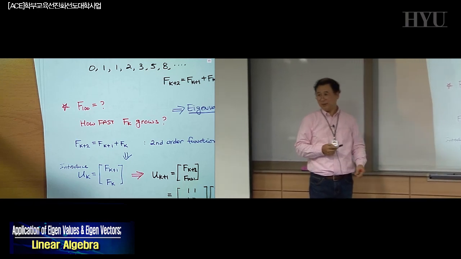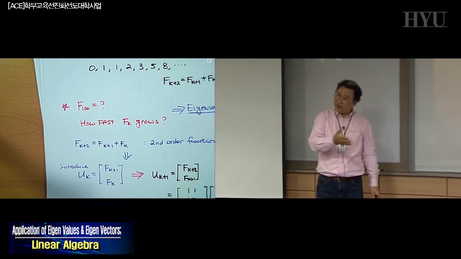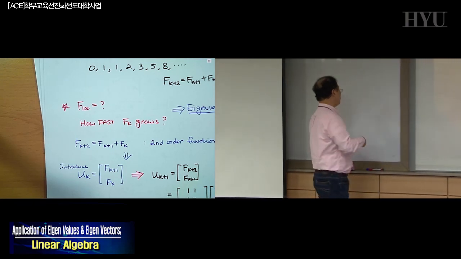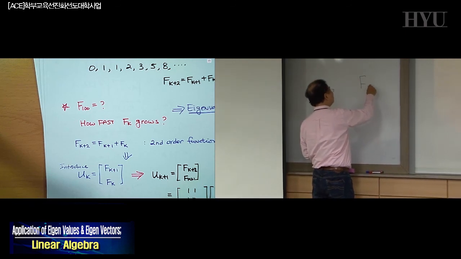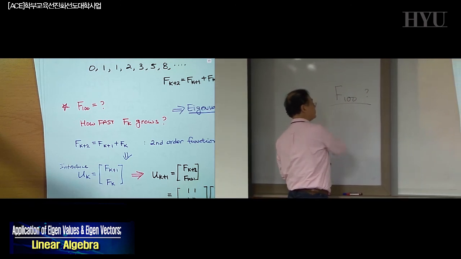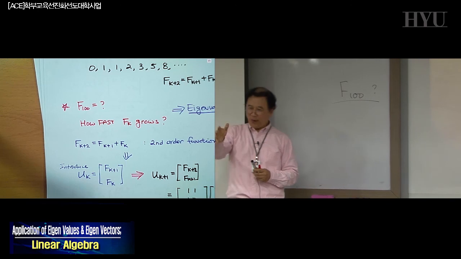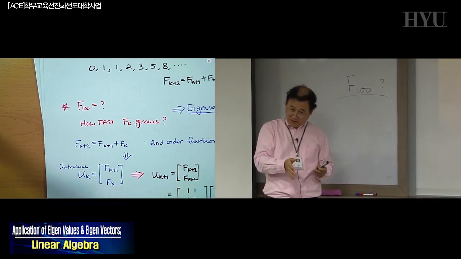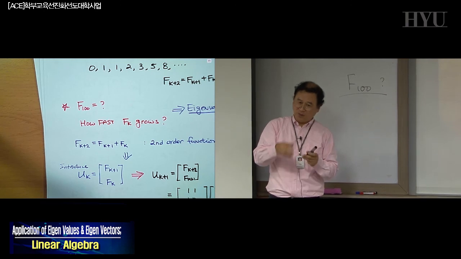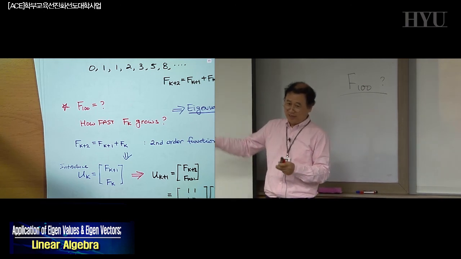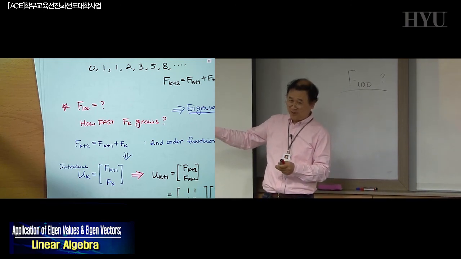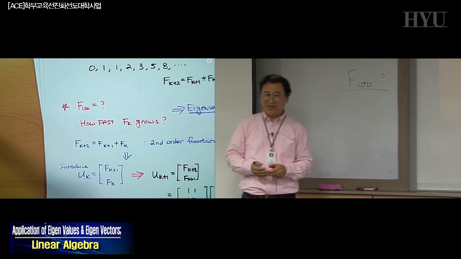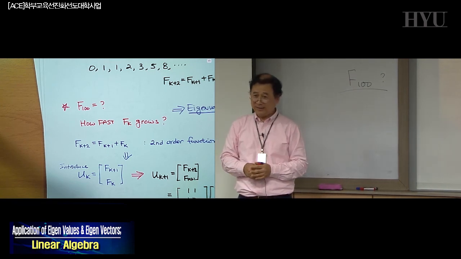Or somebody asks, can you give me F100? Then I'll just compute from F0 and F1, which are given: 2, 3, 4, 5, 6, 7, 8, 9, up to 100. Okay, I got it. But that you can do, right?